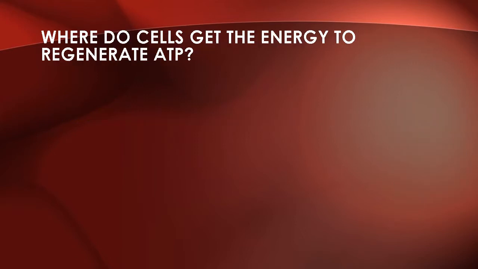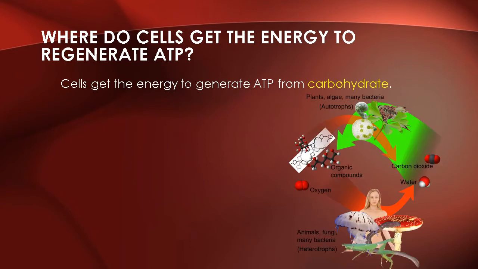Where do cells get the energy to regenerate ATP? Cells get the energy to regenerate ATP from carbohydrates, which are a part of our food, such as glucose and starch. All these are carbohydrates, which are a part of our food, and they give us energy. So cells get the energy to generate ATP from carbohydrates.